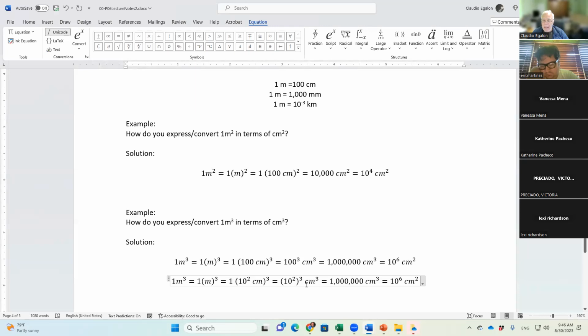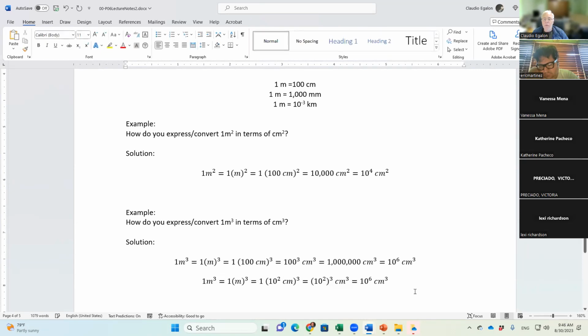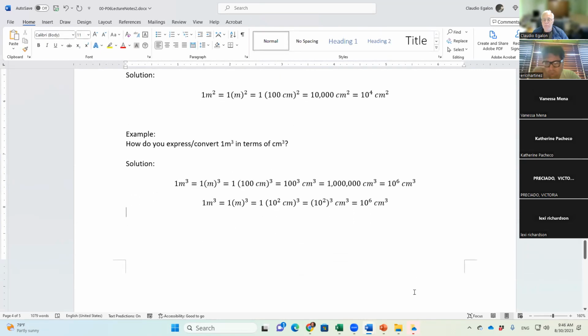I'm using the distributive property here. And when you apply it, you get, I didn't correct that, that's cubic centimeter, 10 to the cube of 10 to the square is going to be 10 to the 6. Just another different way of solving the same problem. Okay? That's 1,000,000 here.